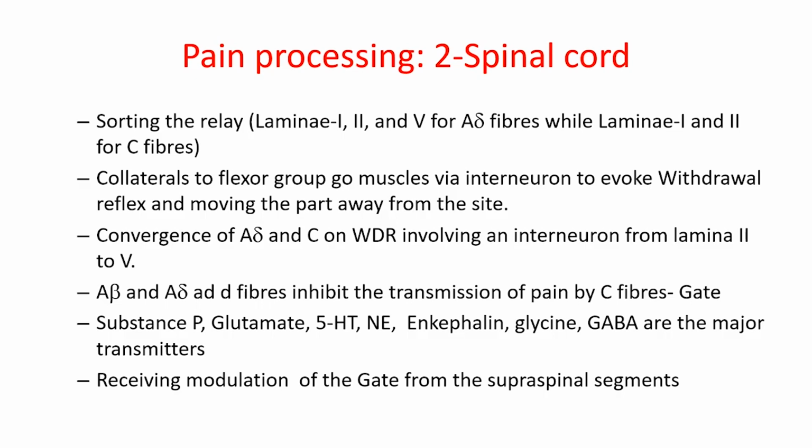These are the major transmitters. Here they will try to inhibit or excite. The gating of the WDR is also modulated by the supraspinal inputs coming from the raphe nucleus or from the reticular system.